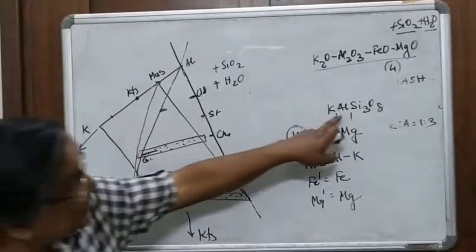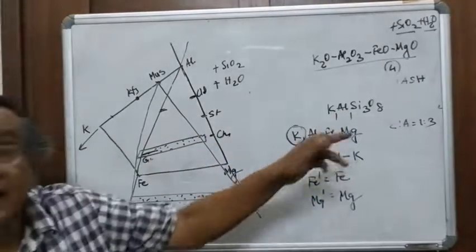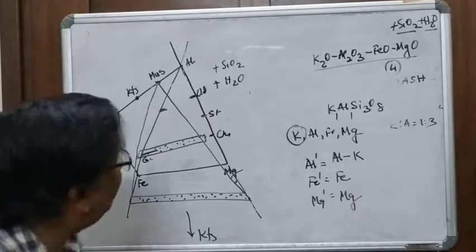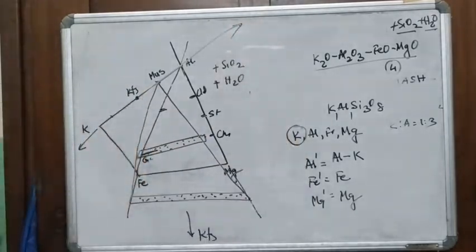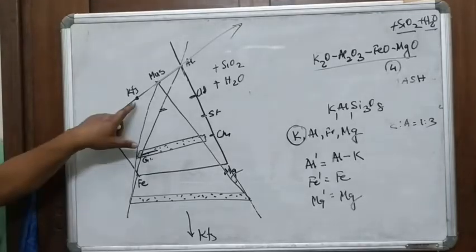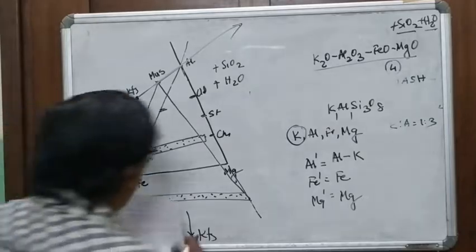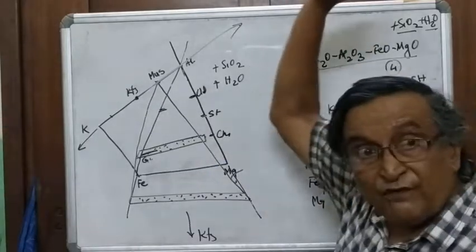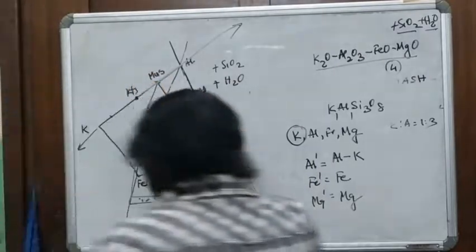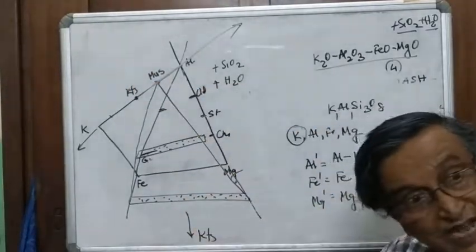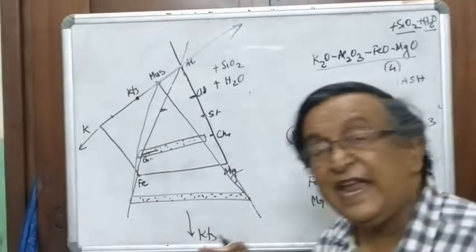But when I do it with K feldspar, the K to Al ratio is 1:1. And for which muscovite will plot on this side. Because if you plot from K feldspar, muscovite will go up. So if you're looking at this diagram, muscovite will go off. But if you plot it from muscovite, then K feldspar will appear going down. So that is the mainstream of AFM projection.